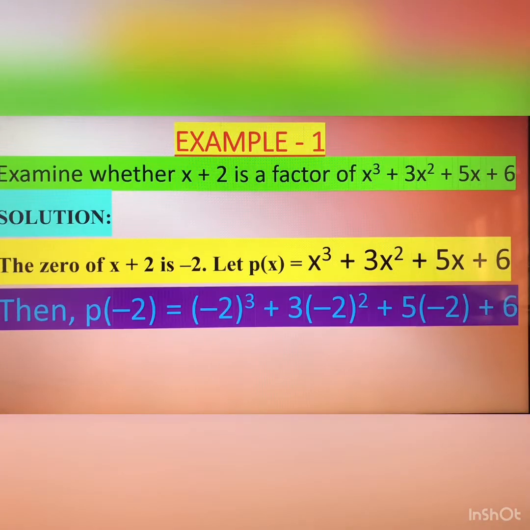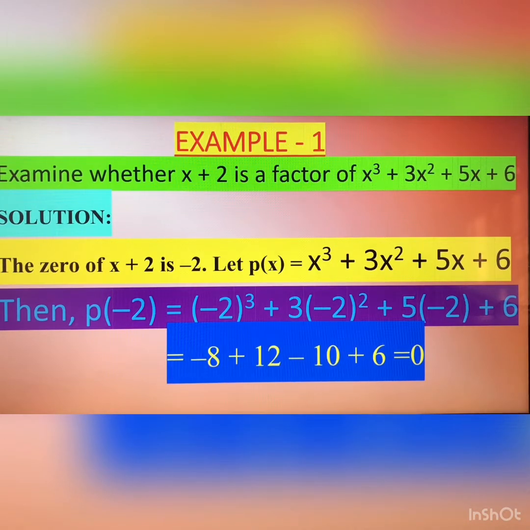So you will get P(-2) equal to (-2) whole raised to the power 3 plus 3 times (-2) whole square plus 5 into (-2) plus 6. After operating this, you will get -8 + 12 - 10 + 6.